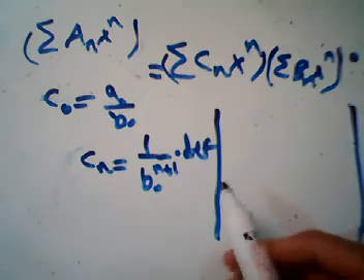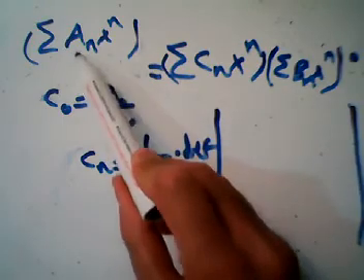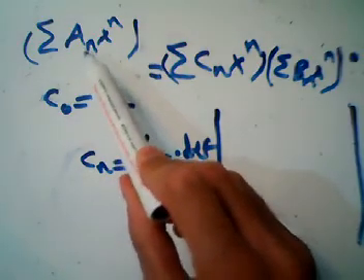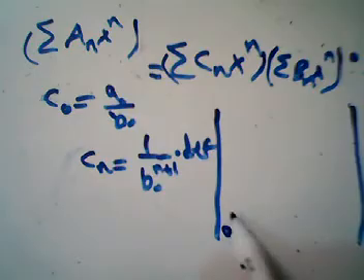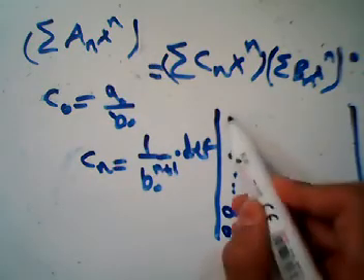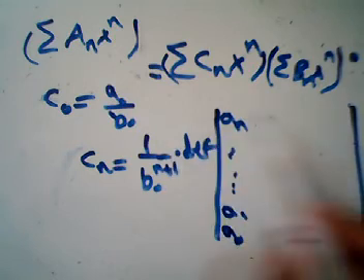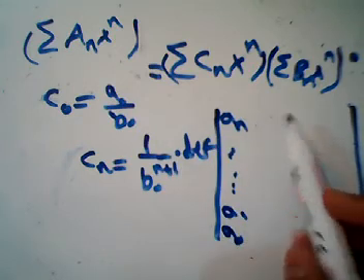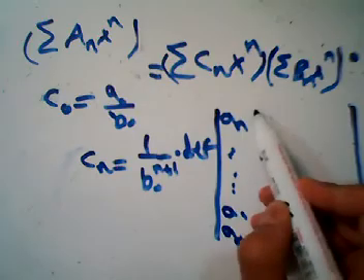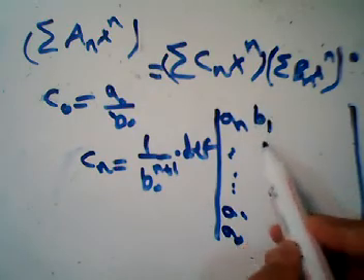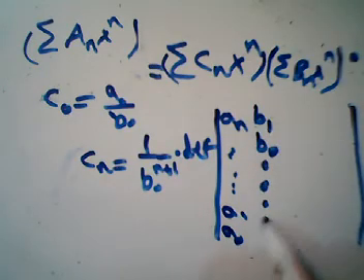Okay. The first column is for the numerator's coefficients. It starts from here, A0, A1, up to An, and the rest is for the denominator's coefficients. This is the first column for the denominator: B1, B0, and the rest is 0.